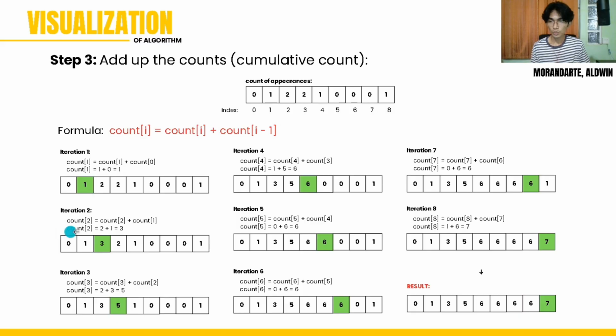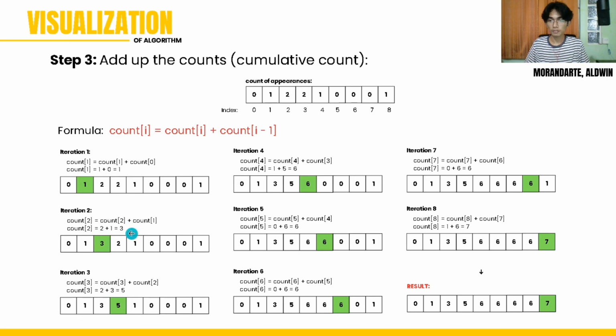In iteration 2, we have count[2] = count[2] + count[1]. We add the values inside these indices, which is 2 plus 1, equal to 3. As you can observe, count index 2 is now equivalent to 3.